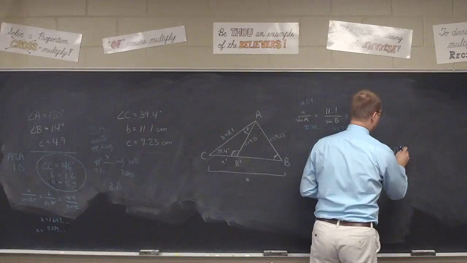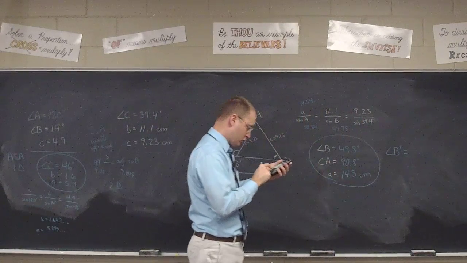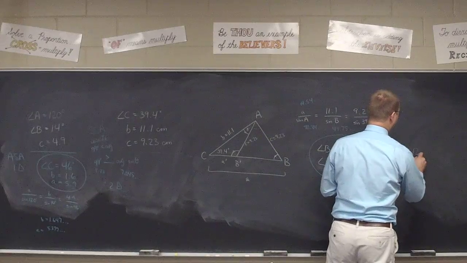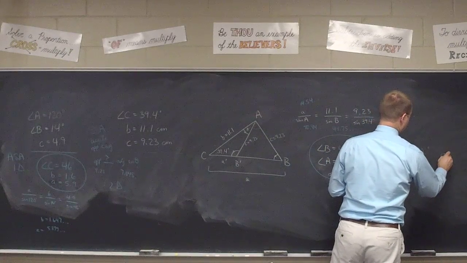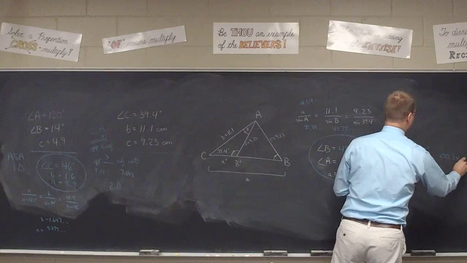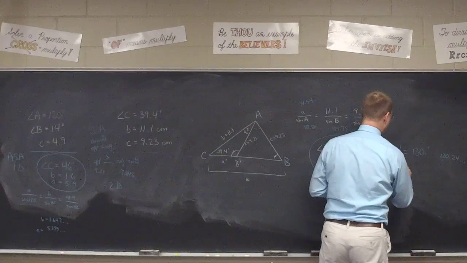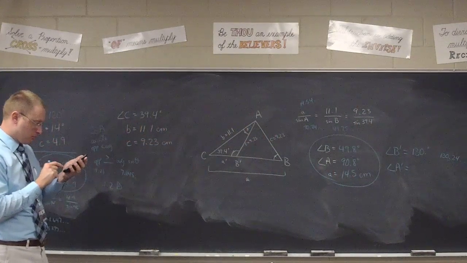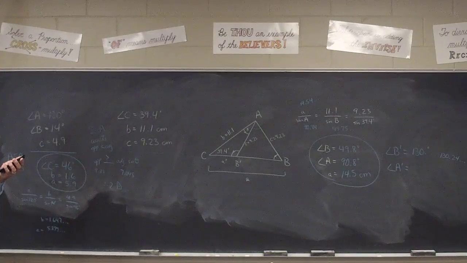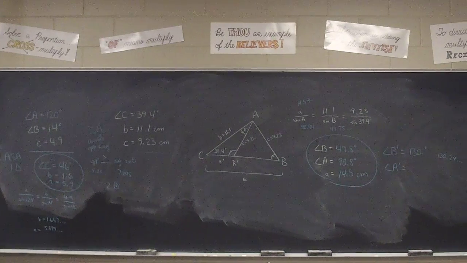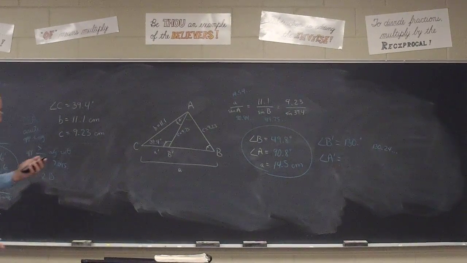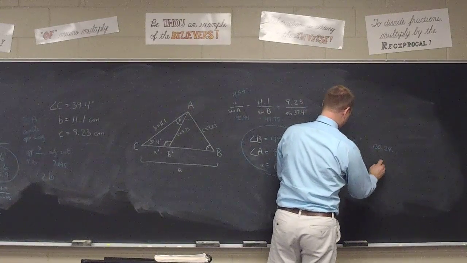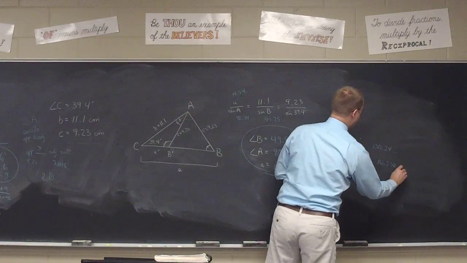We'll start with angle B prime, which will be 130 degrees. It's really 130.24. Angle A prime then will be not very big. It will be 10.4 degrees, that's 10.358.